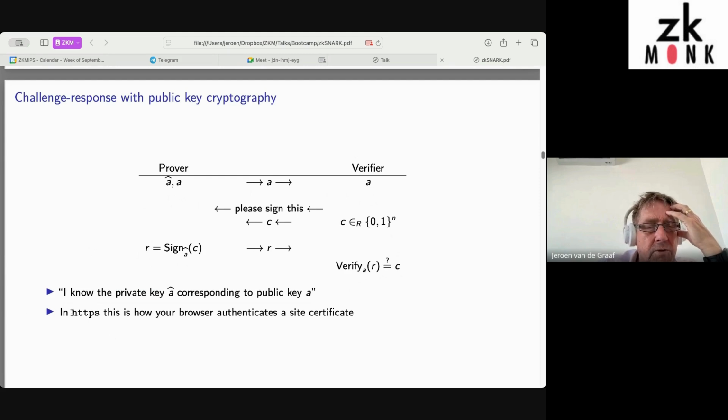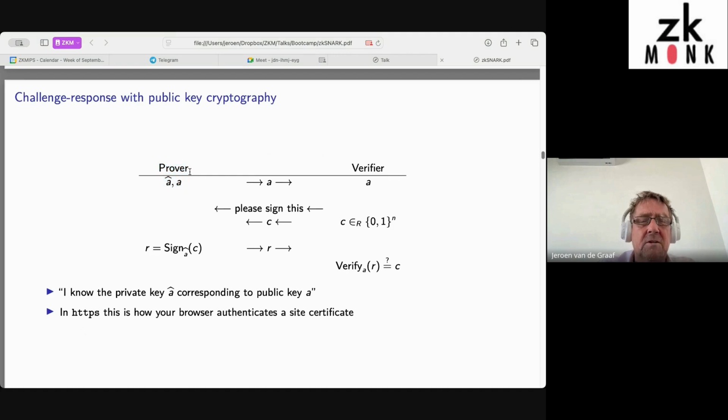And if you know how SSL works, this is how your browser authenticates a site certificate. This is a bit confusing, because in this SSL scenario, the verifier is the browser and the prover is the website.